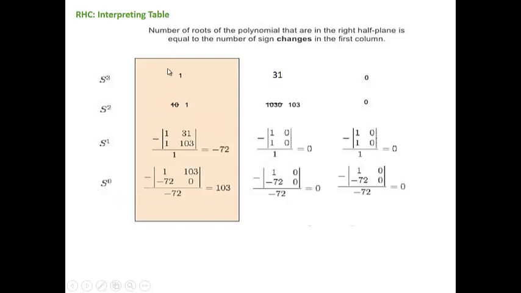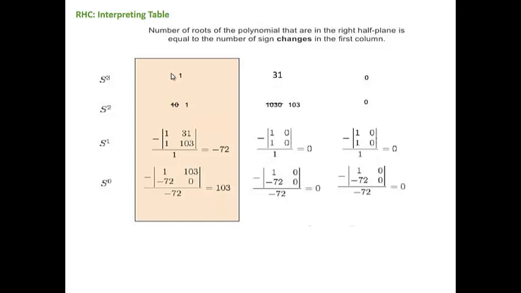Jika ada perubahan sign, maknanya poles tersebut pergi kepada right half plane.